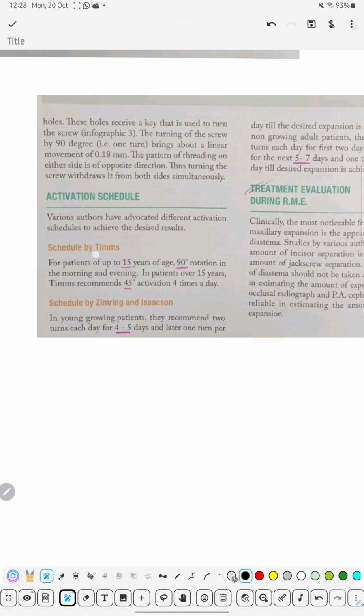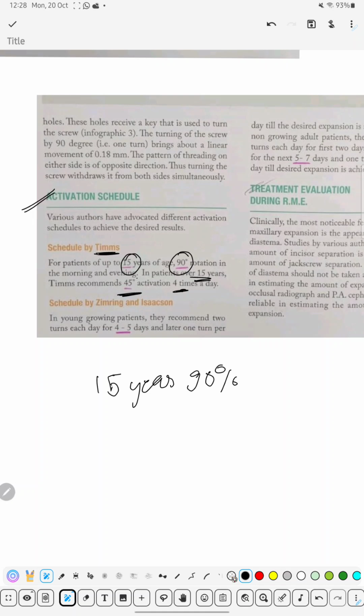First is the schedule by Timms. Timms recommended for patients up to 15 years of age a 90-degree rotation in the morning and evening, and for patients over 15 years a 45-degree activation 4 times a day. You have to remember, this question is asked: explain the activation schedule.